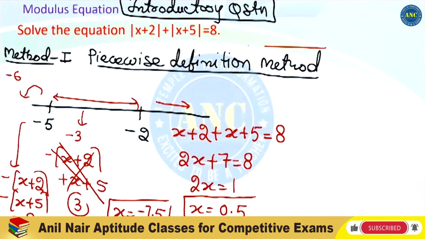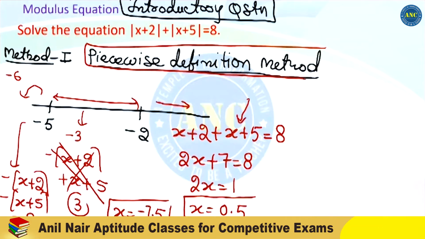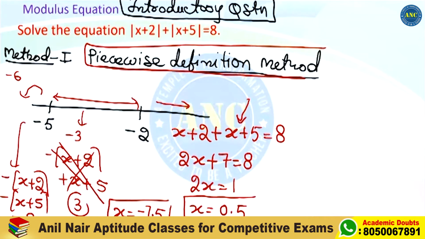What we did in the piecewise definition method, the same method I used. Only thing is that in the previous problem we did till here, now equate it with the right hand side. Between, anyway, it is not possible. Between, minus x and plus x, one will be negative, another positive, and they will get cancelled. Left of minus 5, substitute any value less than minus 5.